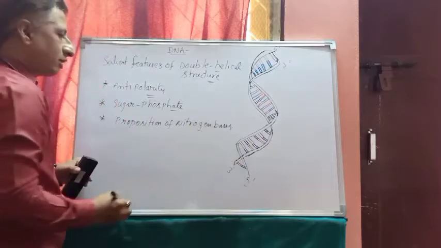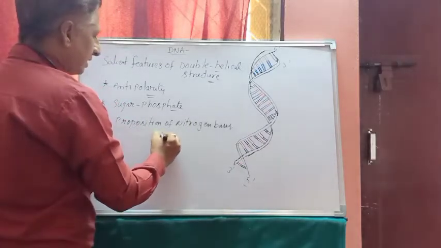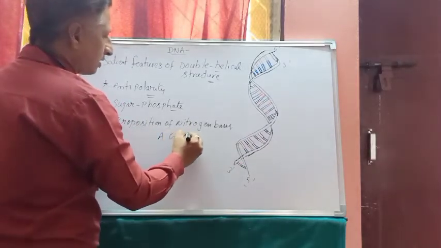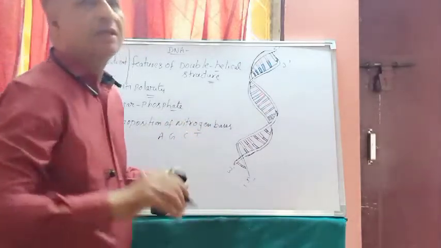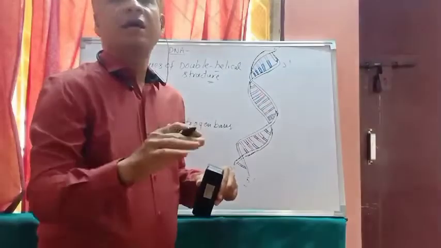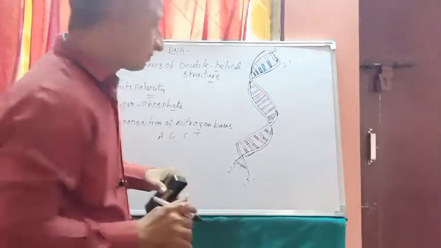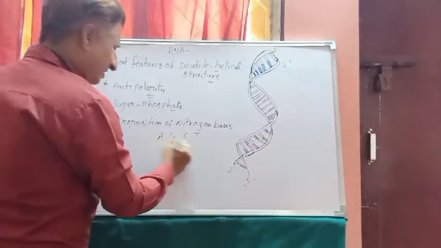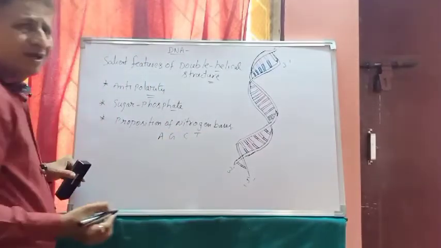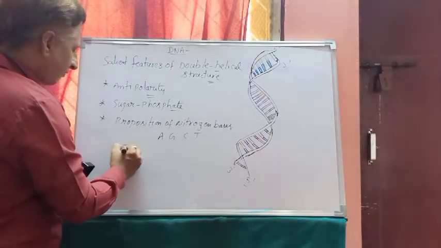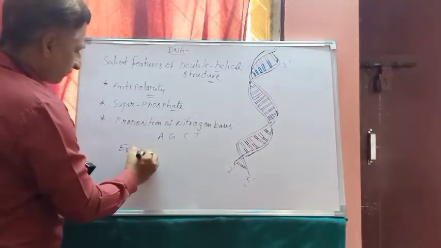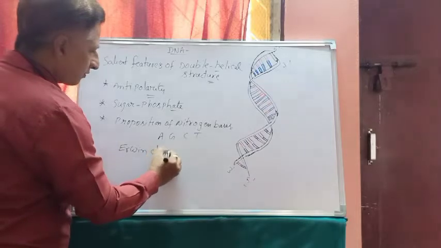Already you know the nitrogen bases: adenine, guanine, cytosine, thymine. Not uracil, because here we are discussing DNA only. This proportion was observed by Mr. Erwin Chargaff.